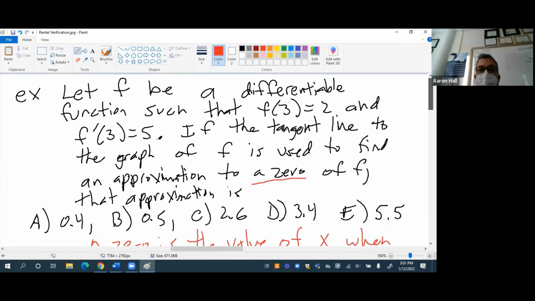So let f be a differentiable function such that f of 3 equals 2 and f prime of 3 equals 5. If the tangent line to the graph of f is used to find an approximation to a 0 of f, what is that approximation? For your AP test, if you talk about approximations, this is something that might come to mind.